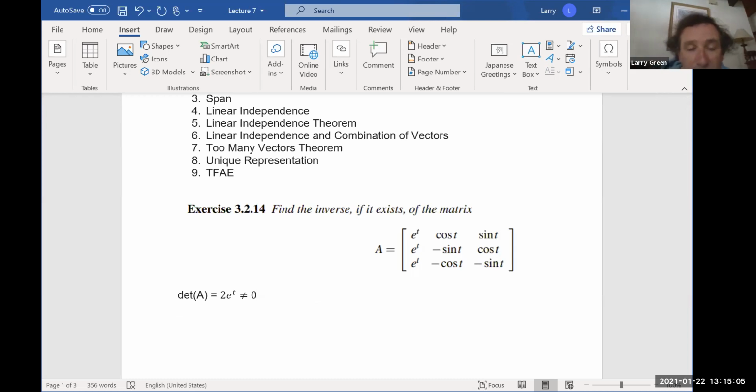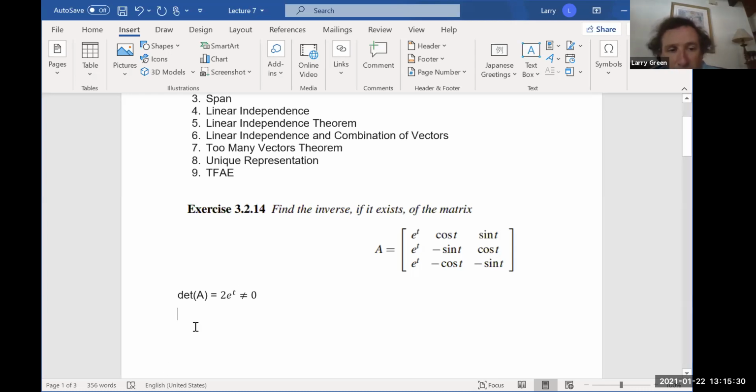Okay, and the good news is that once you found the determinant, we're part of the way there, so then we might as well use the adjoint formula. Is that clear? So let's use the adjoint formula now to find out what the inverse is of this matrix. Any questions on that idea?